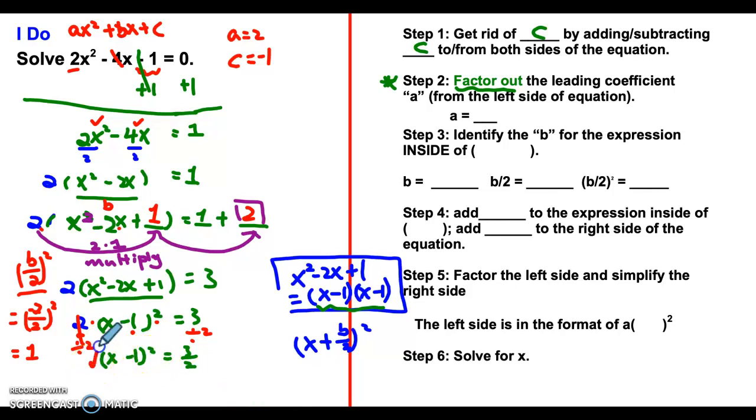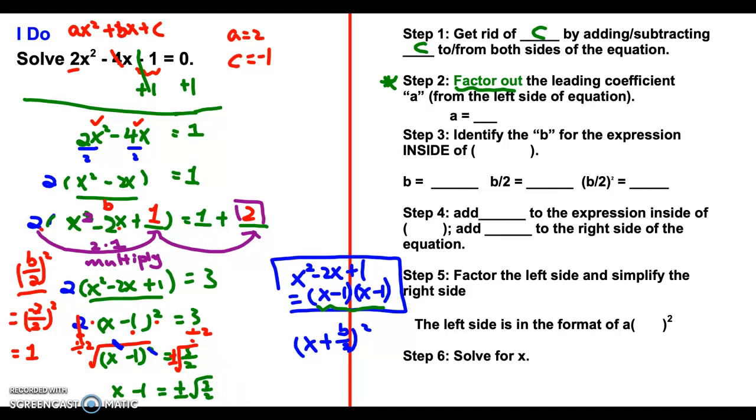Remember, square root and square are opposite to each other, so let's take a square root of both sides, and at the same time, plus and minus. Square root and square cancel out each other. They will be gone. So you have x minus 1 equal to plus minus 3 over 2.